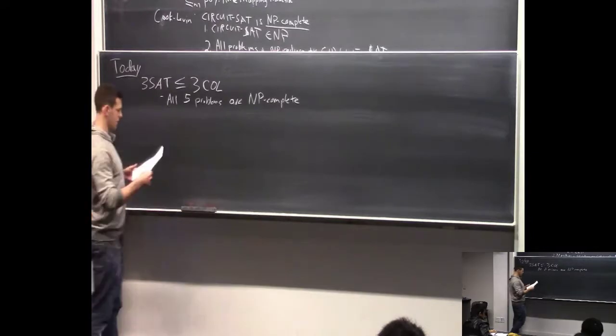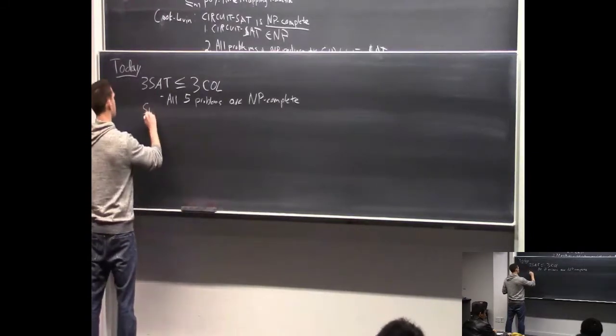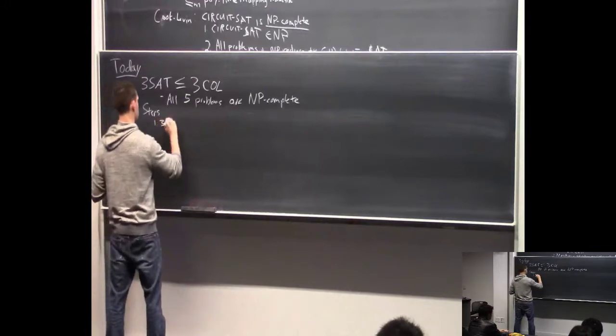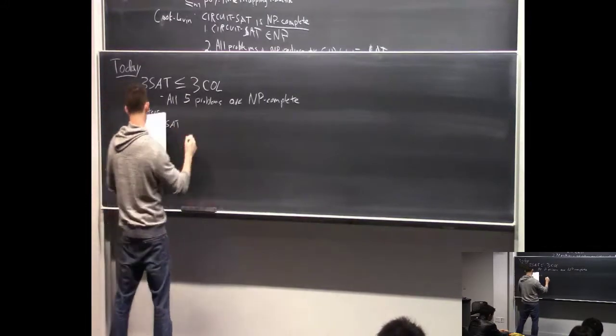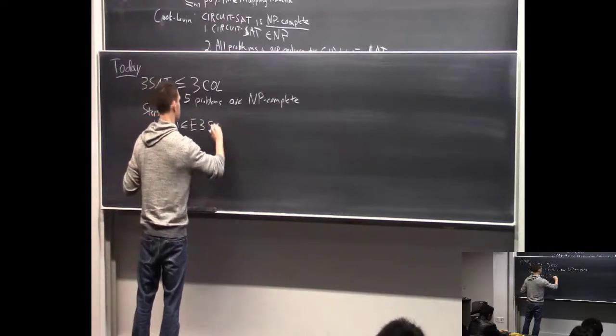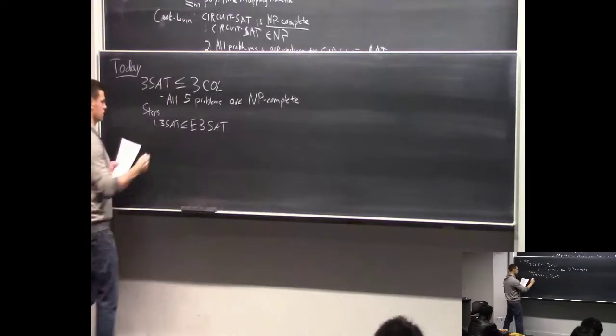So that's what we're going to show first, and the steps to showing that are, first, to show that this problem called E3-SAT reduces to 3-SAT, where E3-SAT has exactly 3 literals per clause.